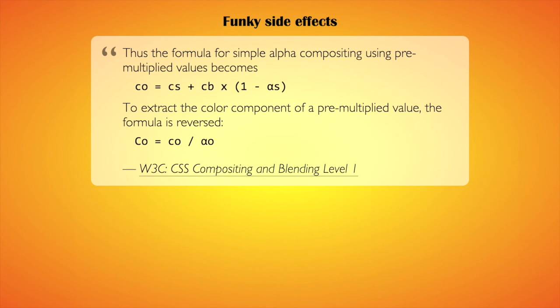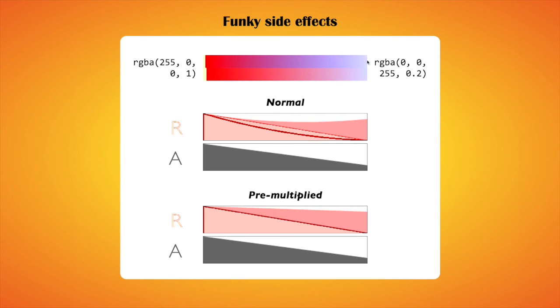Where this produces some interesting effects is when you go from one colour to another using partial transparency. And again, the spec is fantastic for browser vendors, terrible for us. So we'll show this: a full red through to a blue with 20% opacity. And the two, you can even see on this screen, are very, very different.